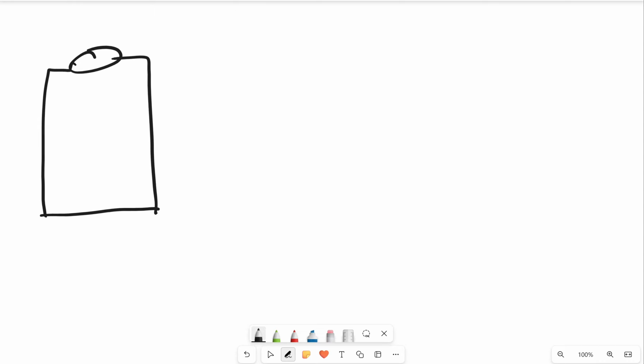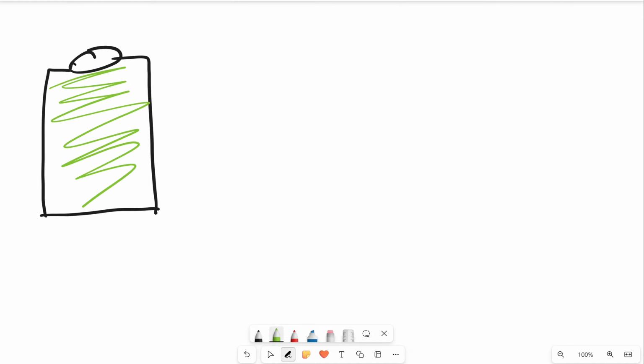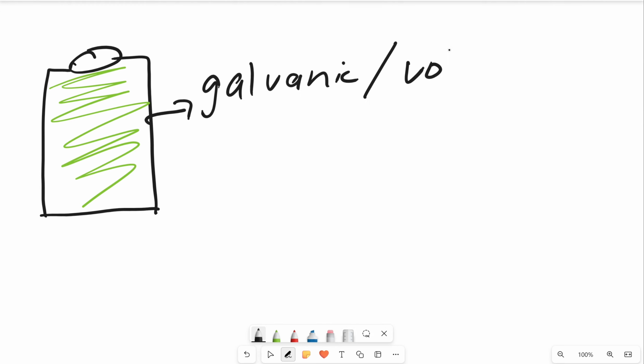Okay, so let's go over a couple things. So when we do have the battery, right? When we do have that battery, this is called a galvanic cell, or voltaic cell.